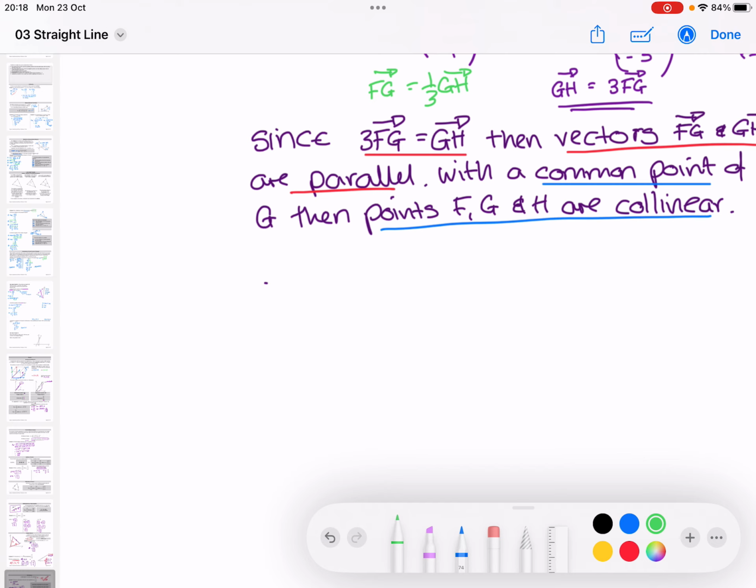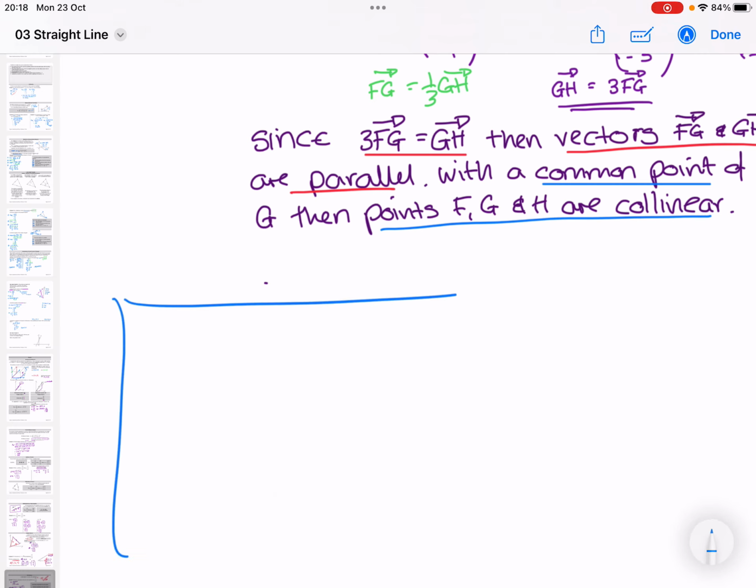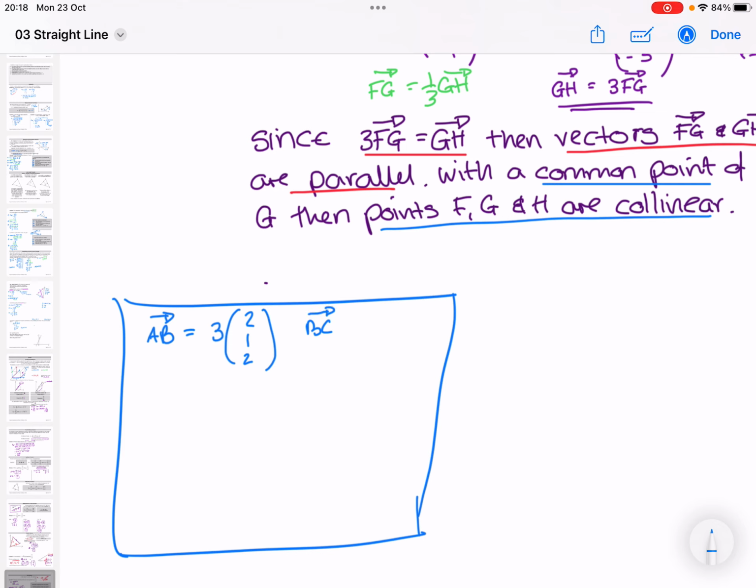If I ended up with, say, AB was equal to 3, 2, 1, 2, and then I had BC is equal to 4, 2, 1, 2.